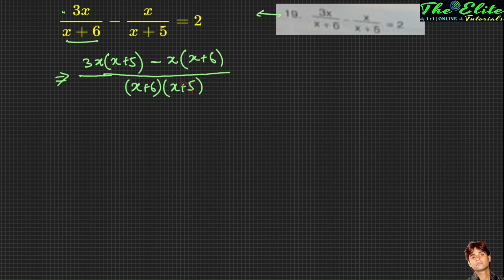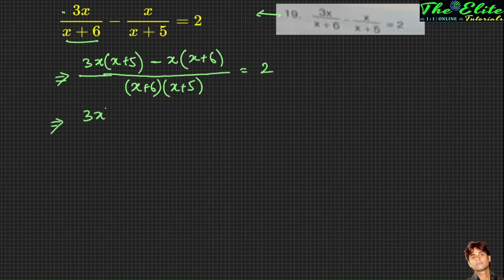Very simple. This is the left hand side, and the right hand side will be only the number that is written. In the calculation, you have to be very patient and careful. Distributive properties will be used here.